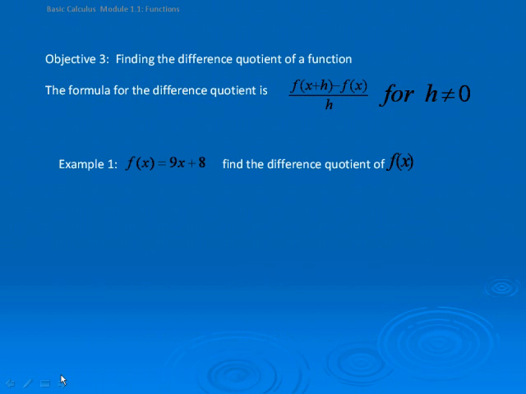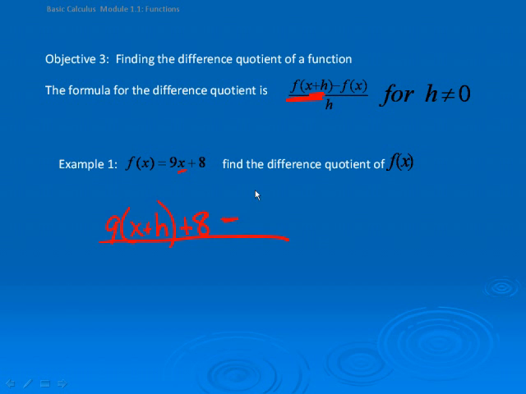Okay, so notice what I'm going to do here is first I'm going to write everywhere there's an x, I'm going to substitute an x plus h. So this is going to be 9 times, and instead of x, we're going to replace it with x plus h, plus the 8.